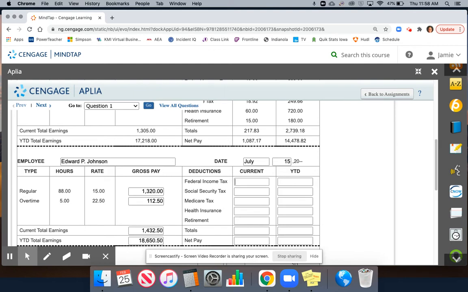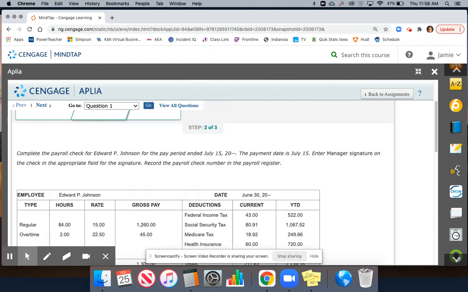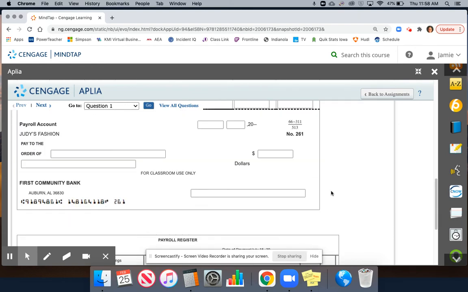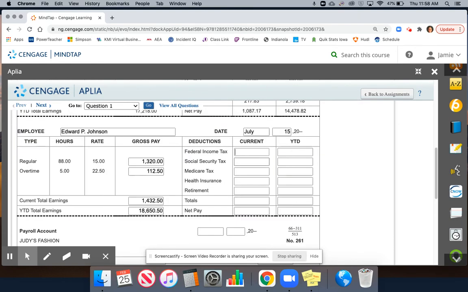Next, we will use the information that we have already calculated, our deductions. You could go back and look at your 12-2 deductions and fill in, or you could again, for the federal income tax, use your tables. Social Security, 6.2% of total earnings. Medicare, 1.45% of total earnings.